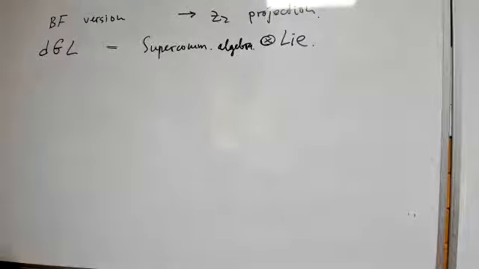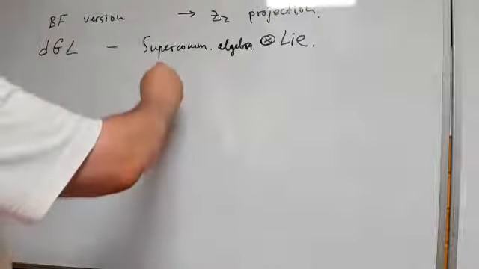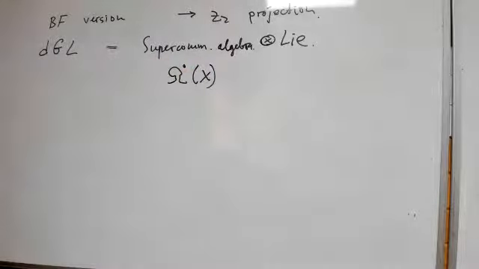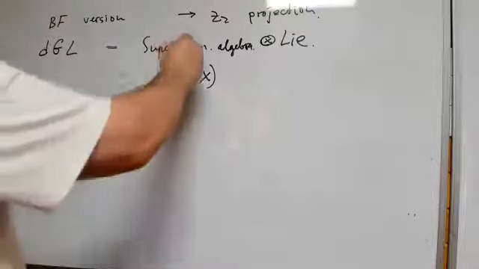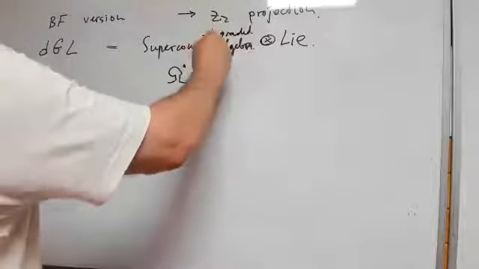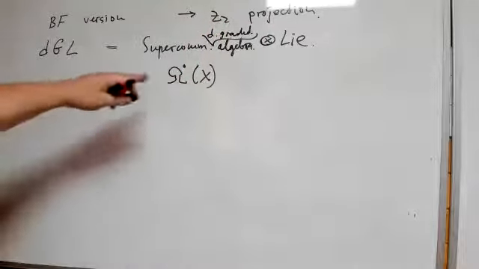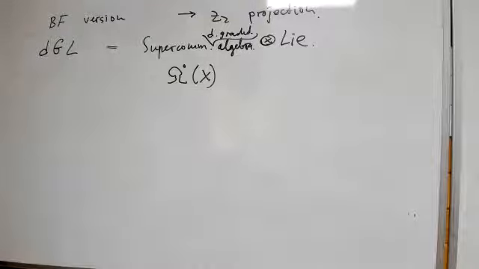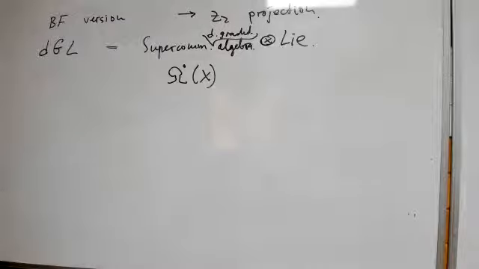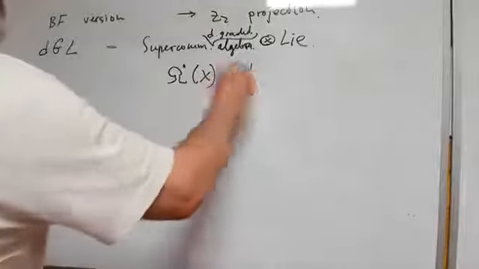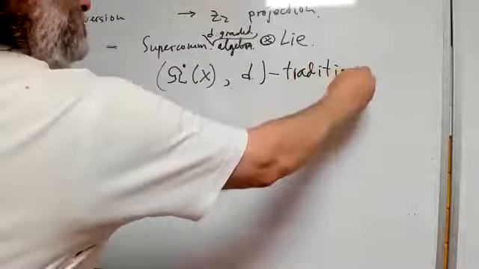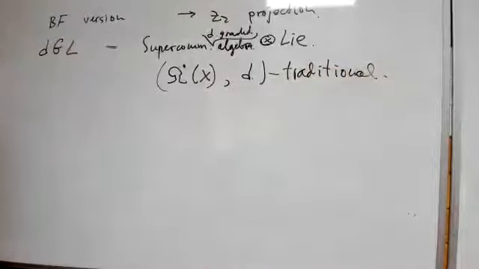So in the case of Chern-Simons or BF, we used to put here a supercommutative differential graded algebra. In the case of Chern-Simons, we used to put here the algebra of forms on the manifold X with the de Rham differential. So it's the traditional way.